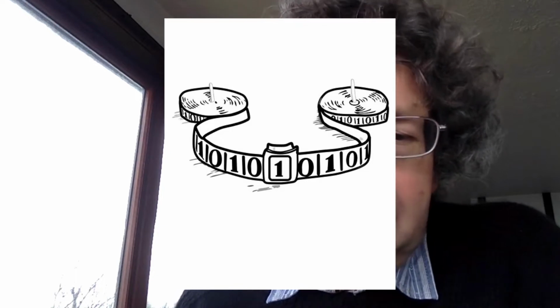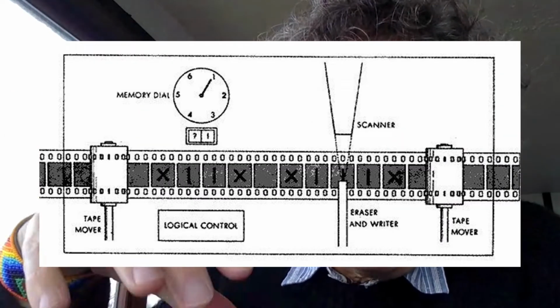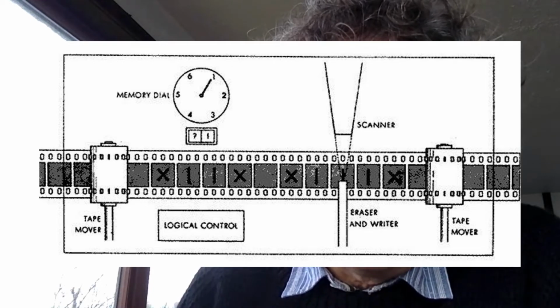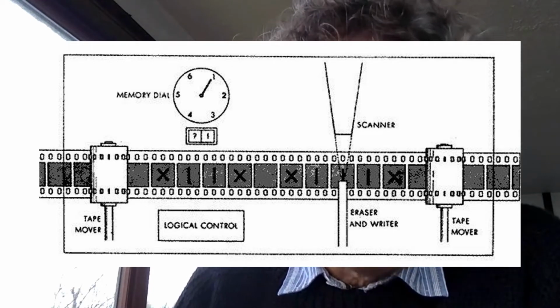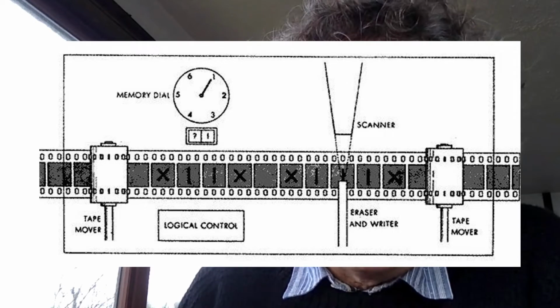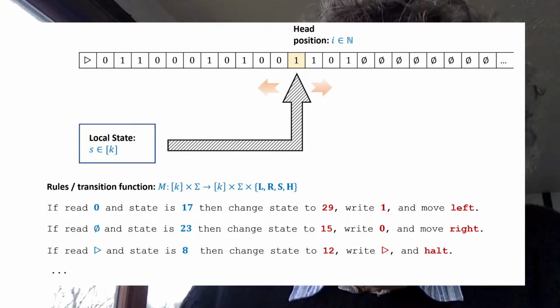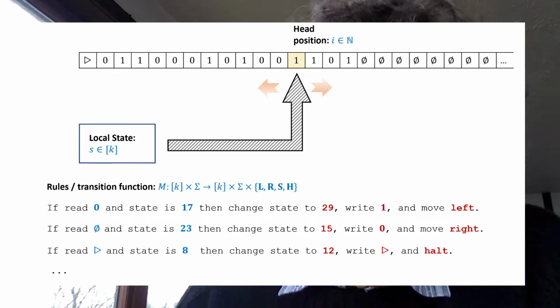The machine can look at a square of the tape, recognize the symbols there, look up inside itself a little lookup table where it says, if I see this particular symbol and I'm in state, say X, then change to state Y and write a particular symbol on that square and move left or right. That's all it can do.